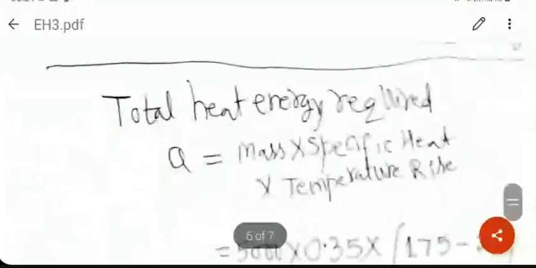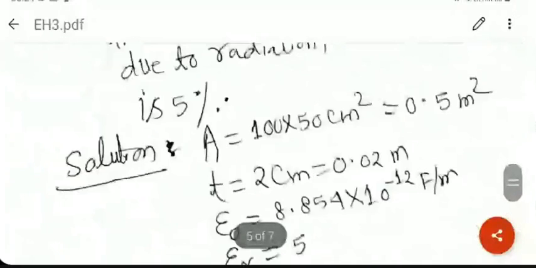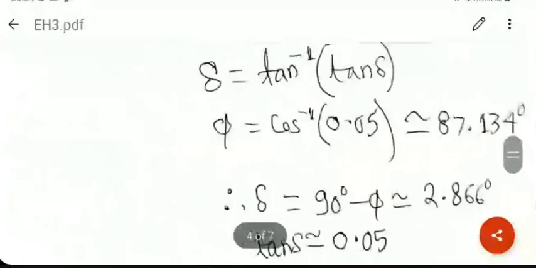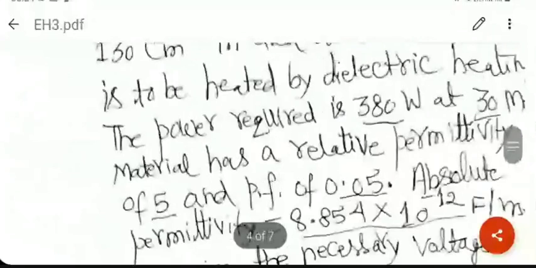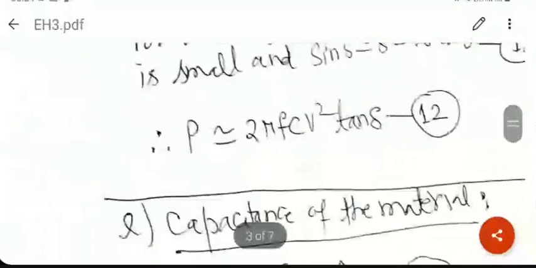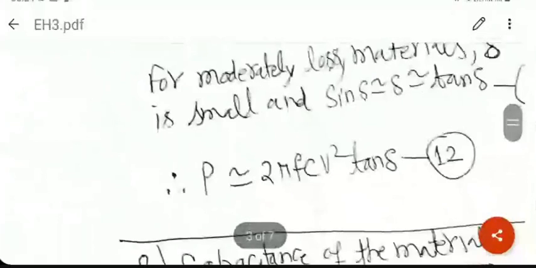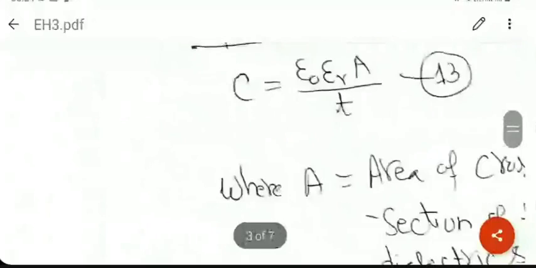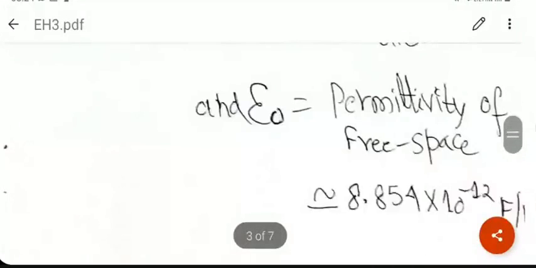Once you know all this, you go back to the equations that I have given you. This equation in particular. You should be able to calculate the voltage required because everything else is known. Here we go.